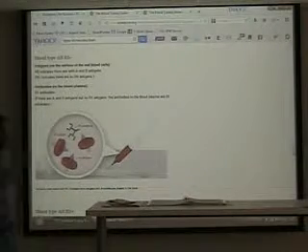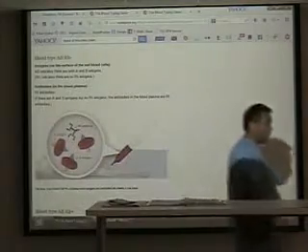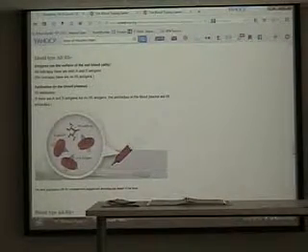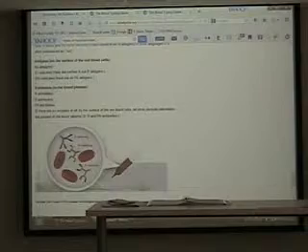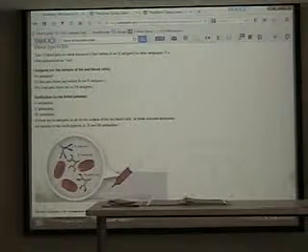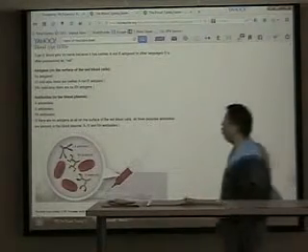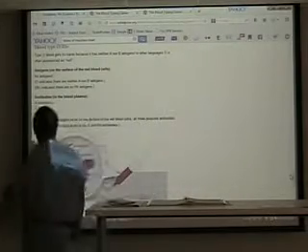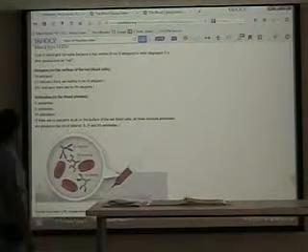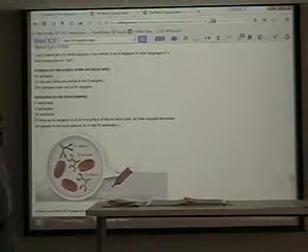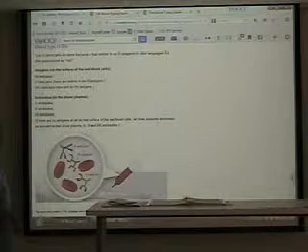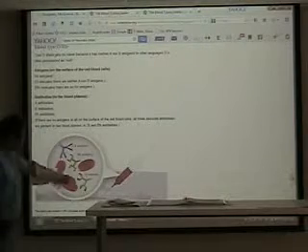Okay? Here's another example. My patient is O neg or O negative. Since my patient is type O, they should not have any ABO antigens. Do we see any?